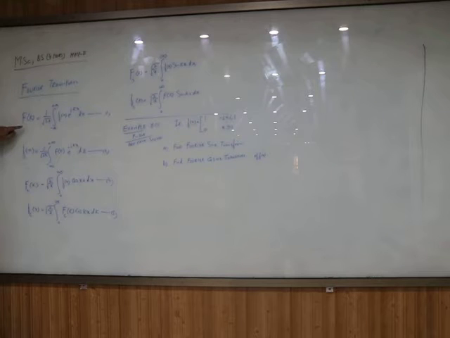Then you can expand it as cosine kx plus i sine kx, and by certain consideration which I explained last time, you can get what is known as the Fourier cosine transform. And look at the limit, it is no longer from minus infinity to plus infinity, it is from 0 to infinity.